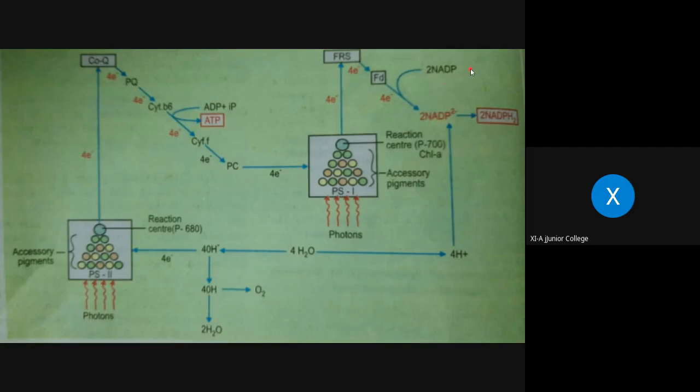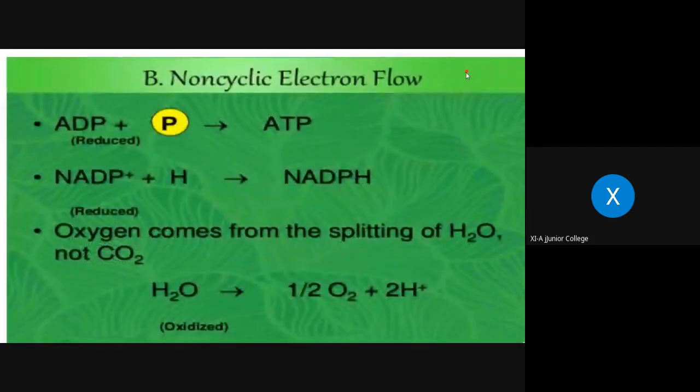At the same time, see here, photolysis of water takes place. 4 molecules of water get split into 4H and 4OH. Can you see here? This is very clearly seen.